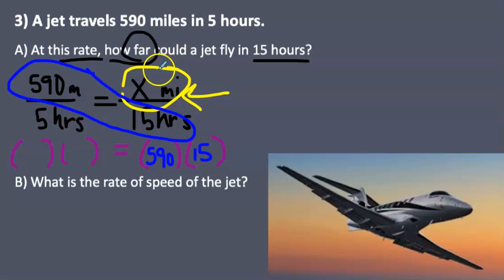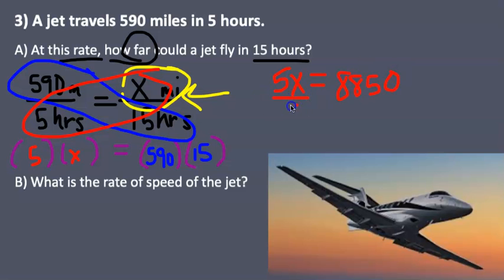And then we're going to multiply across this way, 5 times x. We get 5x is equal to, and then I multiply 590 times 15. I'm using a calculator because we really already did this problem one way. We're just doing it a second way.